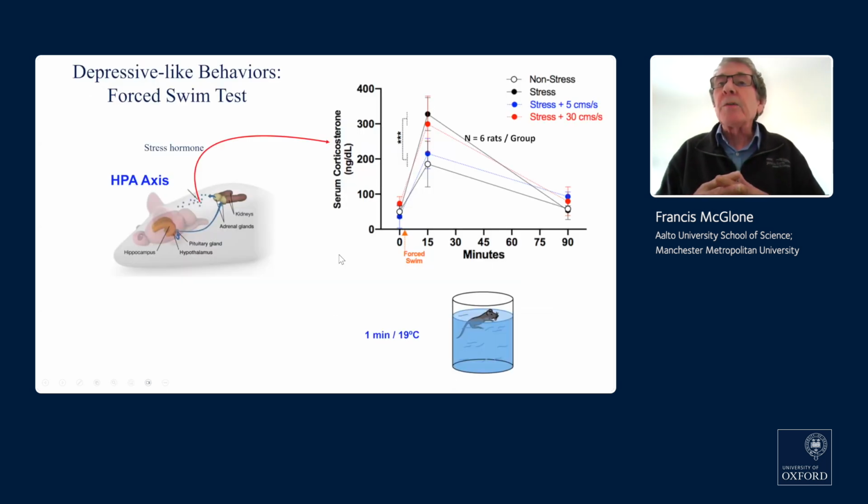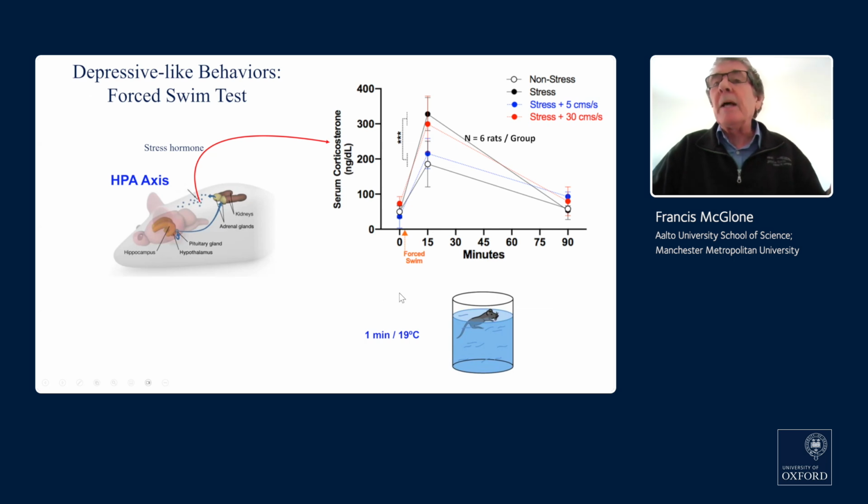We measured corticosterone levels. If you look at corticosterone levels in the rat pups that got stroked at 5 centimeters per second, they were down at the same level as a group of rats who were never stressed at all. The fast touch stroke rats, basically their corticosterone levels are through the roof.